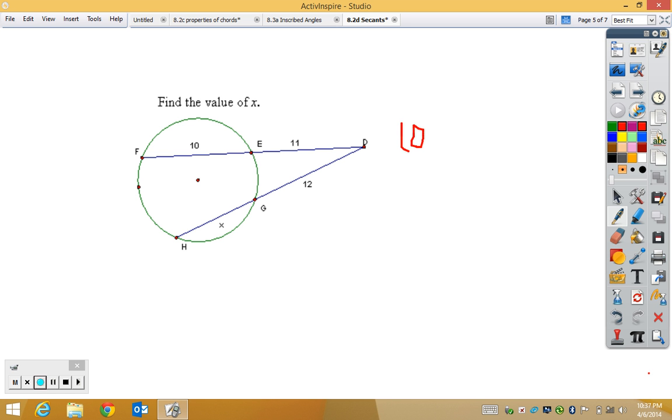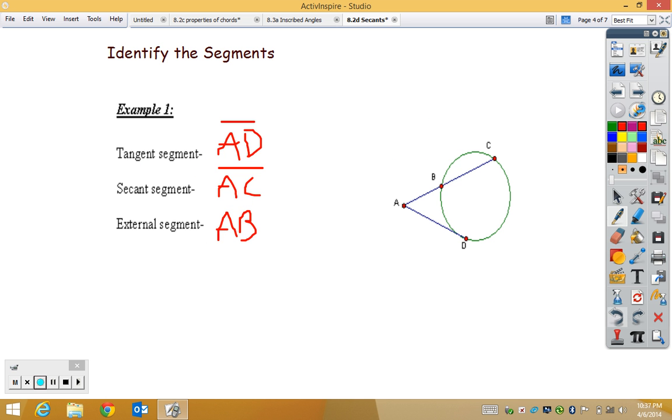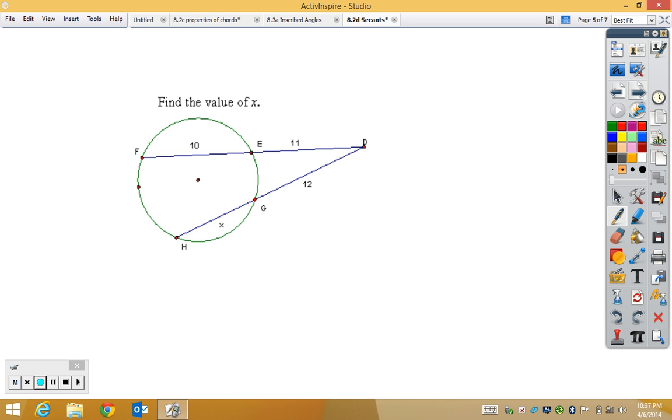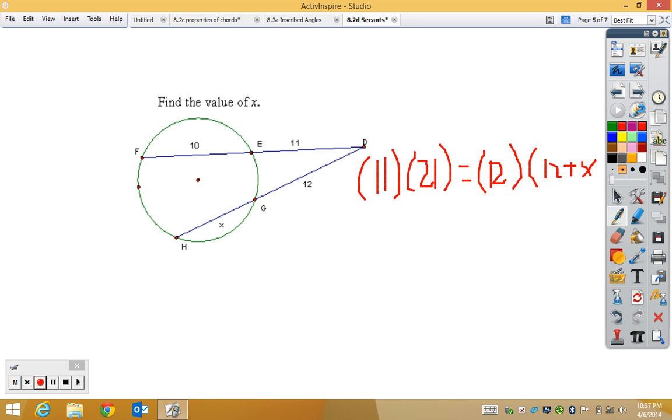We're going to restart this one. It's the external segment. So we'll start with 11 times the whole length, which is 21, equals 12 times the whole segment, which is 12 plus x.